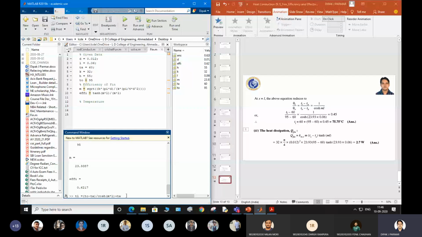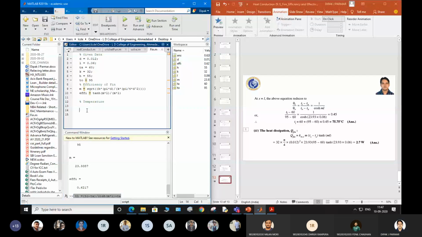Sorry, I have to write here. So TL will be equal to 75.75. We are getting the answer 75.1. So the second is done. We have done the calculation for temperature, and the third we are doing now is the calculation of heat dissipation.